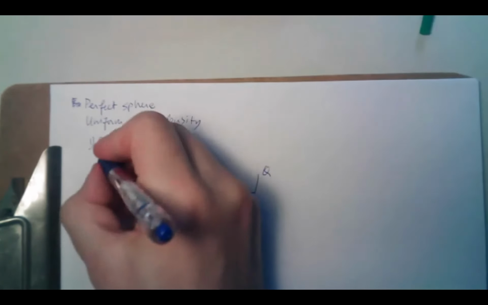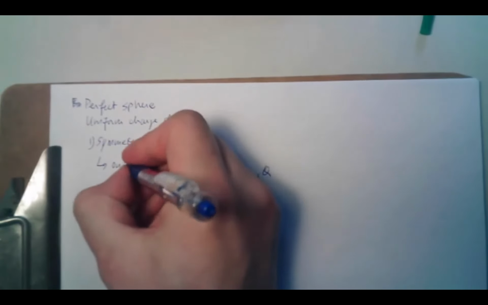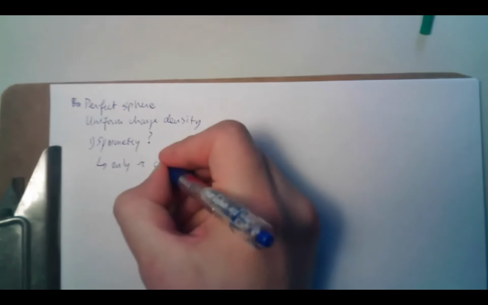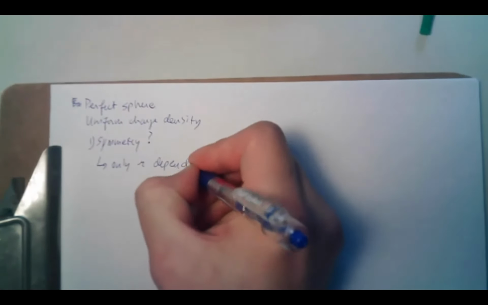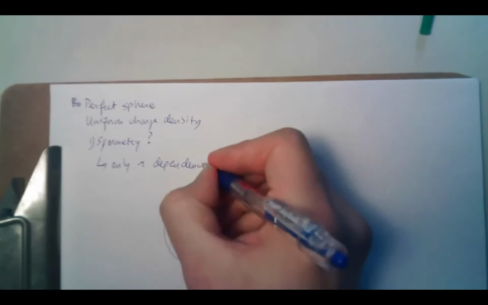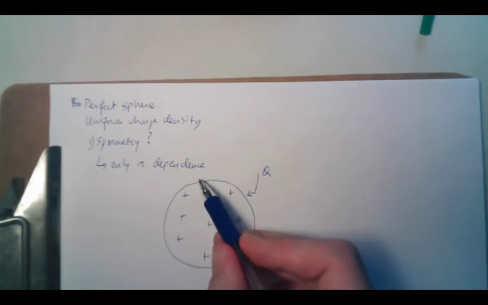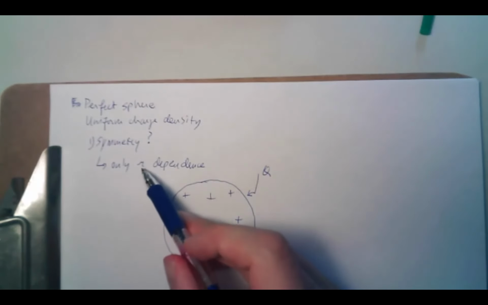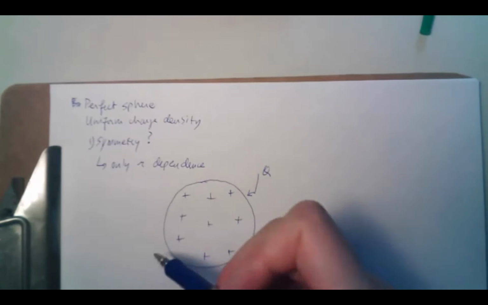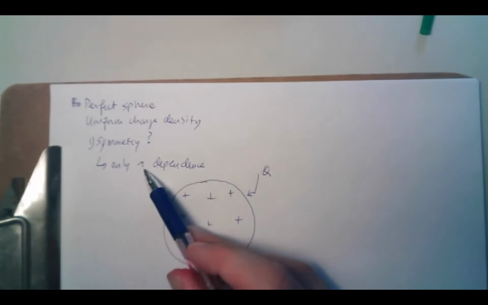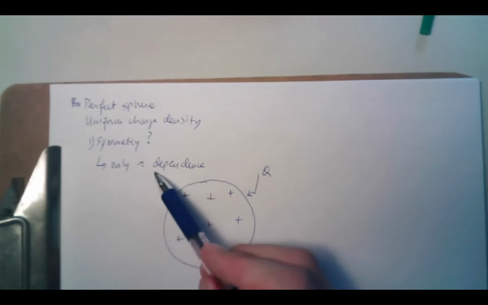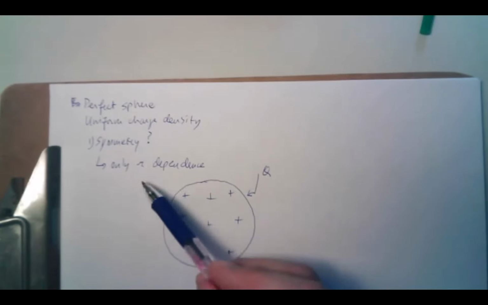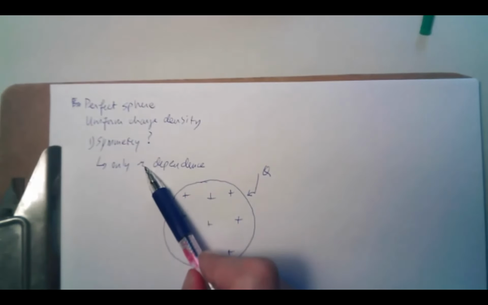So only R dependence is allowed because of the rotational symmetry, right? If there were an angular dependence, then we could always rotate the thing around by 100 degrees, and then that angular dependence would have to cancel because it would still be the same sphere. So we're only allowed to have an R dependence in the electric field.